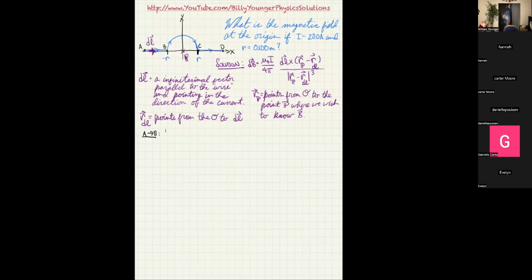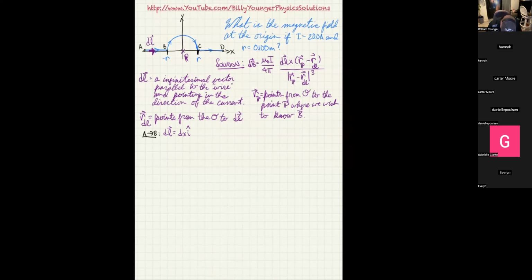So in this case, dl is equal to, notice it is pointing in the positive I hat direction, and its length, since it's along the x-axis, can be called dx. So we're just going to say dx I hat. Remember the dl has to be parallel to the wire, and it also has to be pointing the same direction as the current. So this one fits that bill.